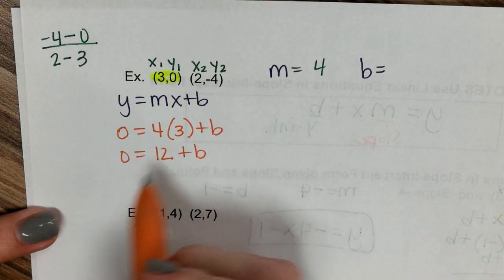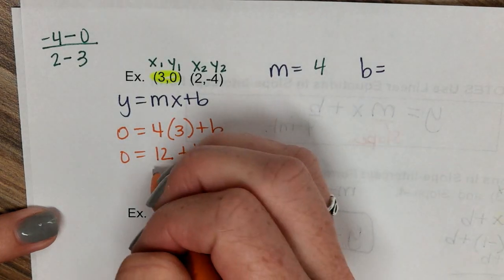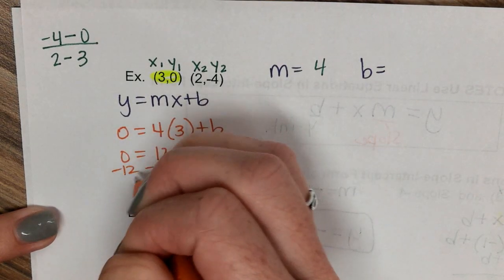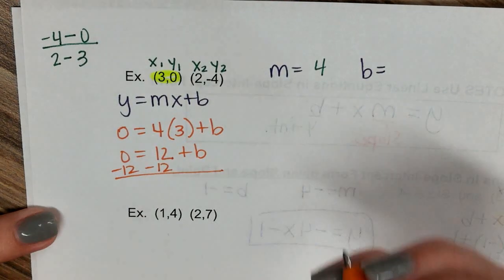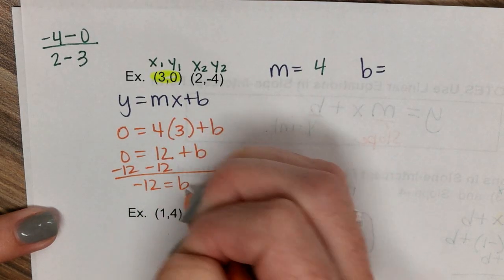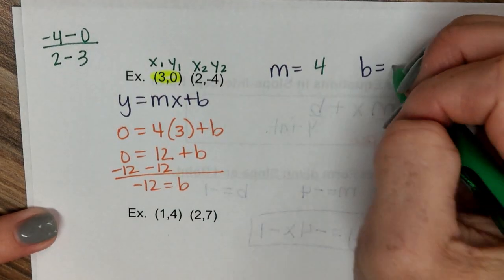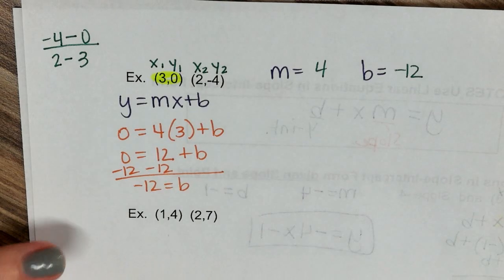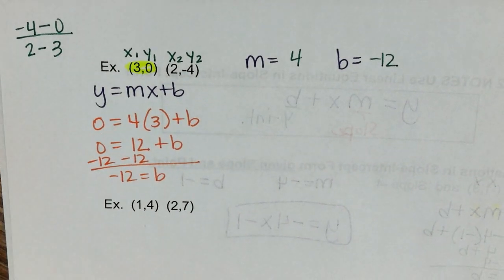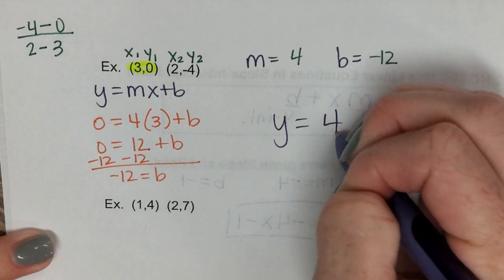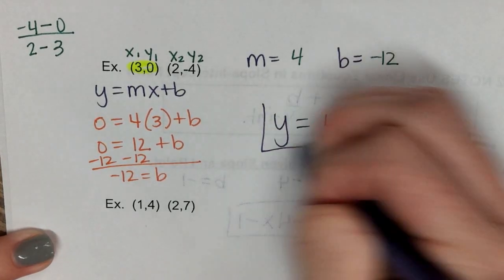How do I get rid of the 12 to move it to the other side? Subtract. And 0 minus 12 is negative 12. So my value of b is negative 12. So my equation is y equals 4x minus 12.